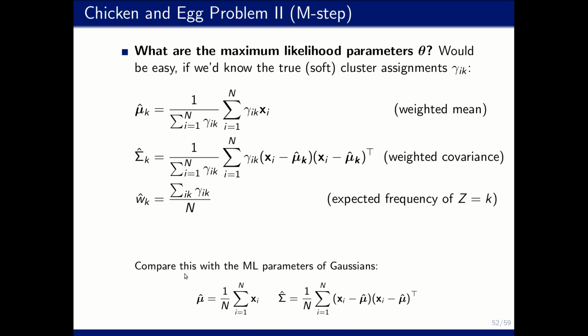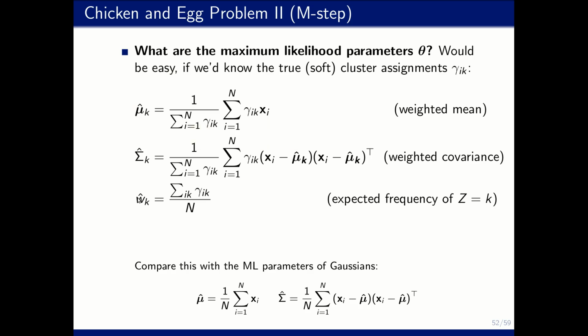If we just fit one Gaussian, these are the maximum likelihood estimates. Now we just do a weighted version of this by incorporating our weights gamma ik: each data point is weighted with gamma ik, and we normalize by the sum of the gamma ik's, summing over all samples. This essentially is a weighted mean, and similarly we have a weighted covariance.